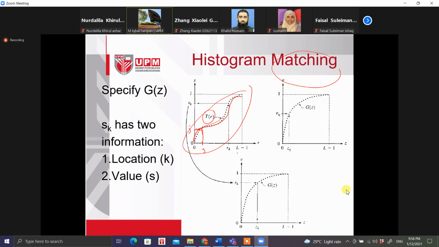Because this is just an example. Can it be in any shape, maybe initially a peak and then decreasing, or is it compulsory to be cumulatively increasing? You can introduce any function, but it depends on the problem of the image.